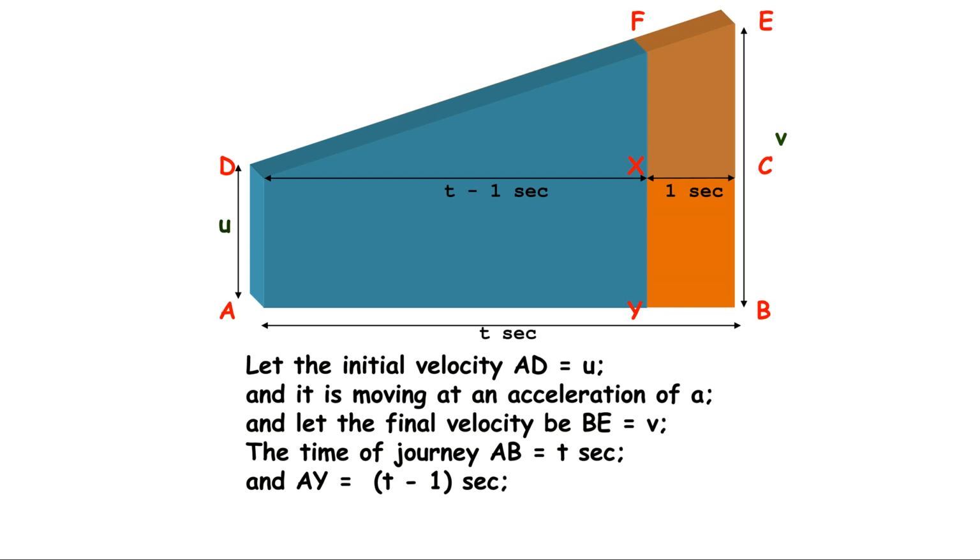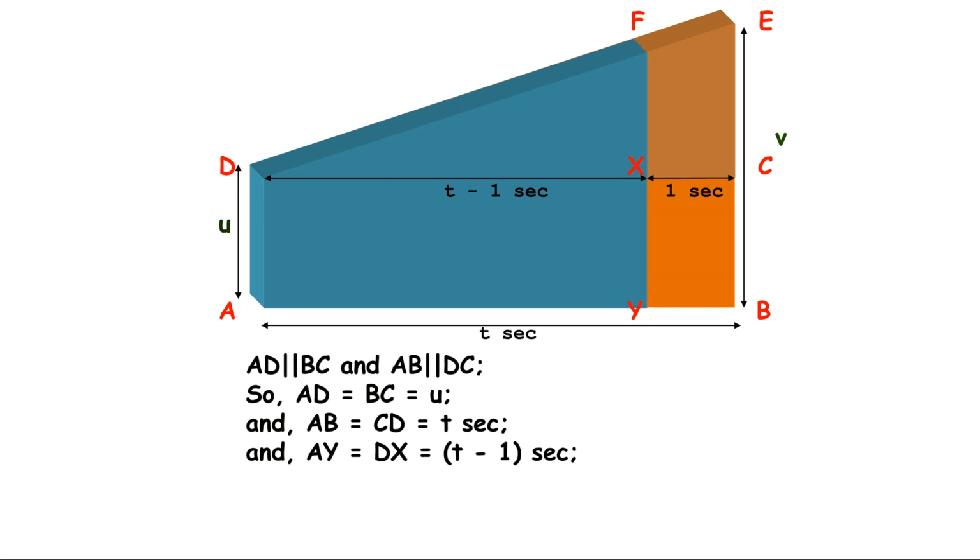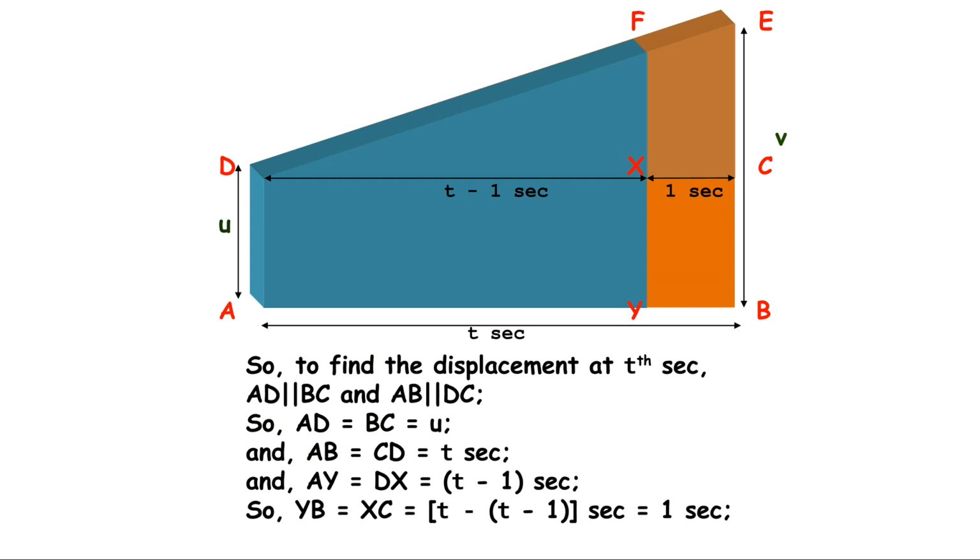So we take AY equal to T minus 1 second, that means YB equals 1 second. Now we are interested to find the pathway traveled by the object in YB second, that is in the Tth second, and to find the total pathway traveled in that particular second we need to find out the area of the trapezium YBEF.